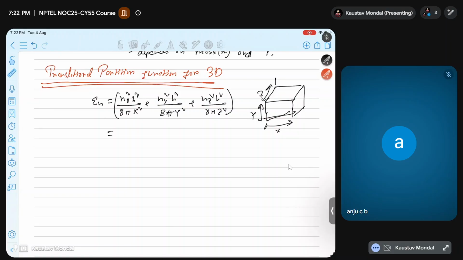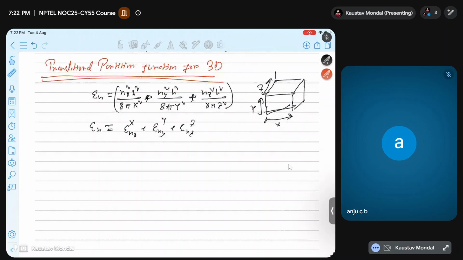That means you have contribution of energy as an added form for each of the dimensions: E nx along x, plus E ny along y, plus E nz along z. This is the total energy.